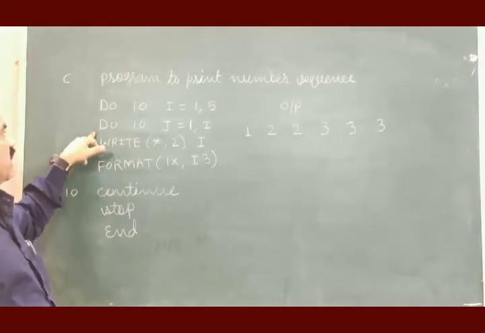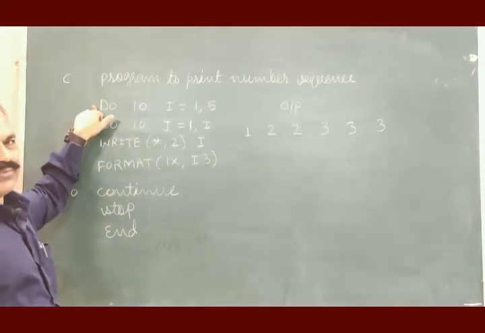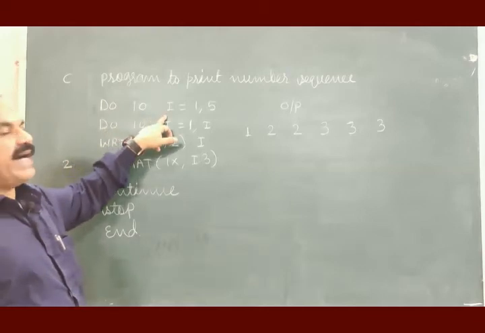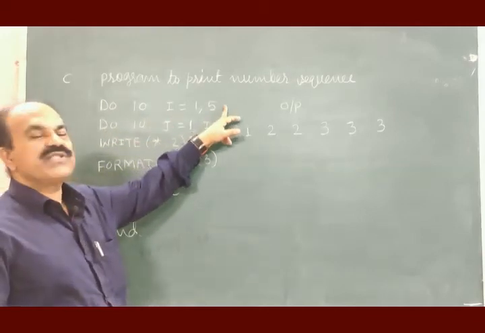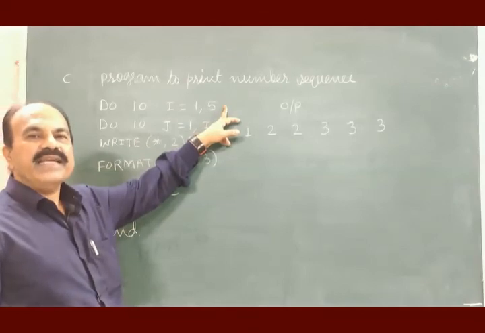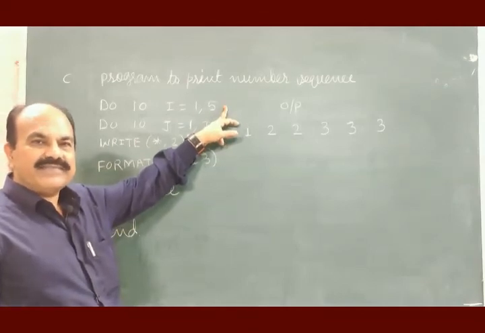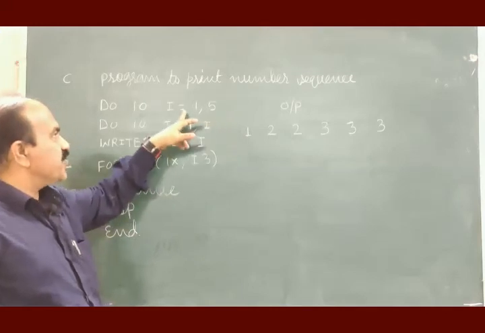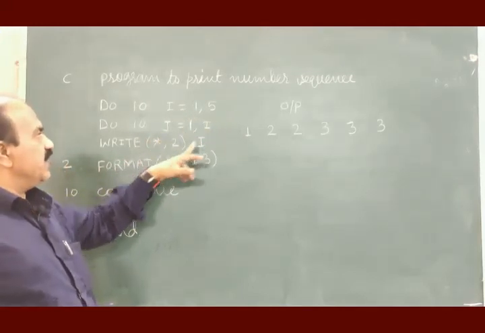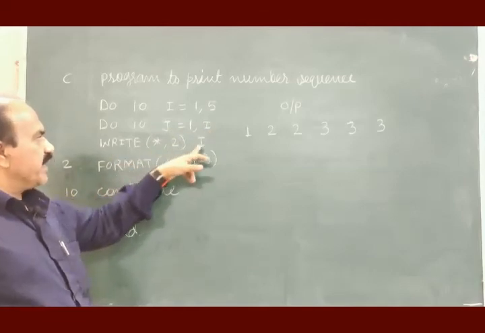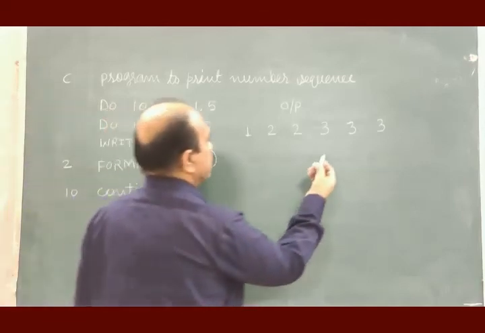So now the control will go to the outer do loop. Now the value of I is incremented from 3 to 4 because the increment is by default 1 as the third value is omitted. So I will now become 4. J is equal to 1, I is 4. 4 is printed.